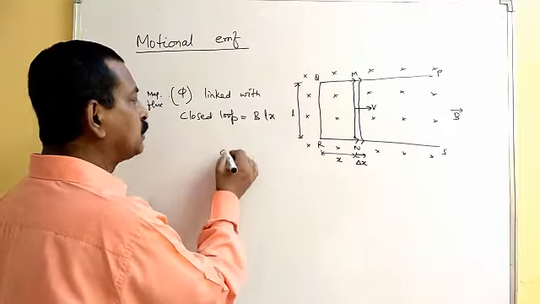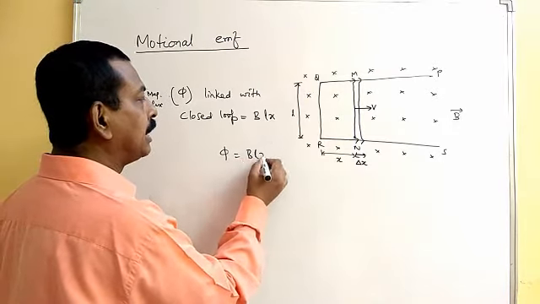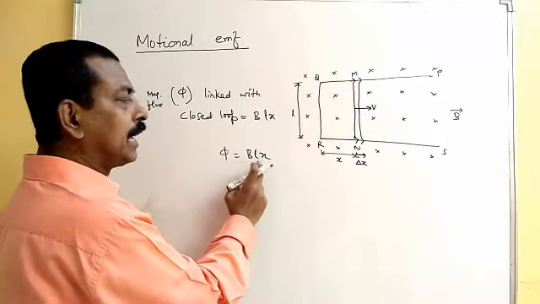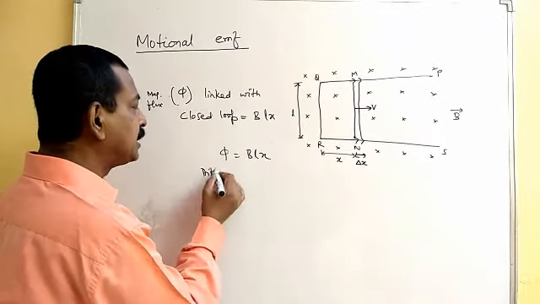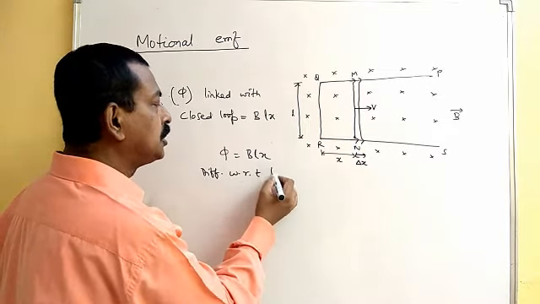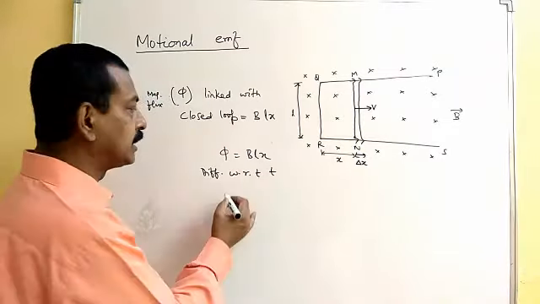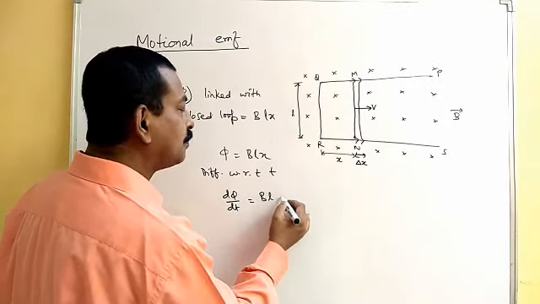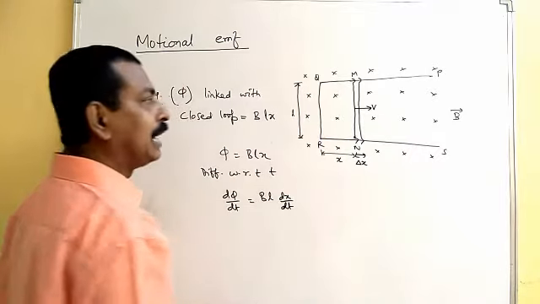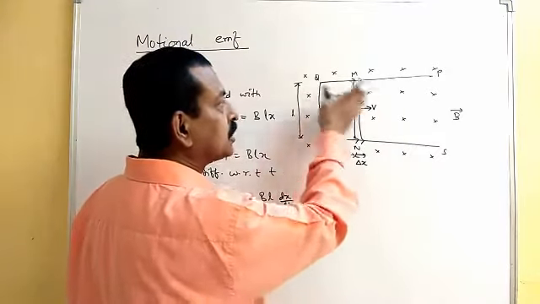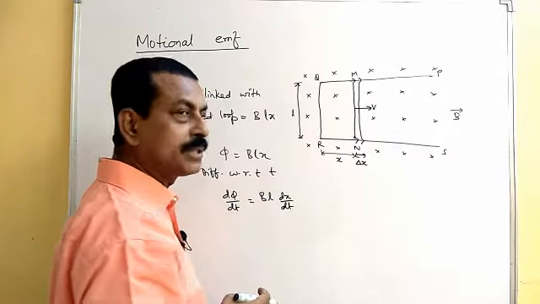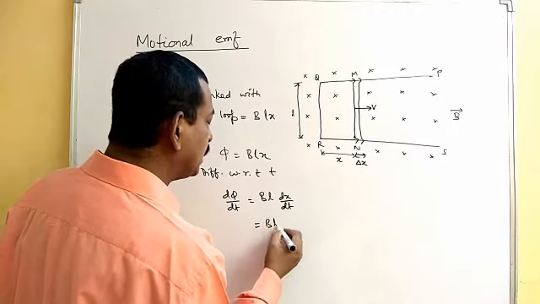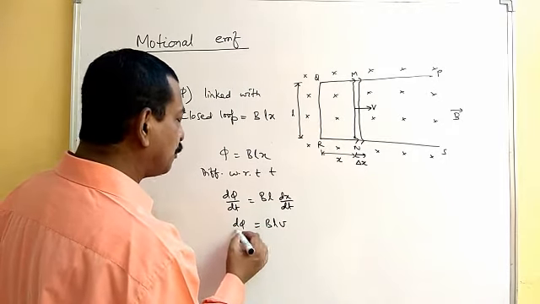As we have phi equals BLx, the magnetic flux associated with this closed loop is BLx. If we differentiate it with respect to time, it is d phi by dt, which is BL dx by dt, and dx by dt will give you the rate at which this rod is being moved. Suppose it is represented as v. In that case this will be equal to BLv. This is d phi by dt.